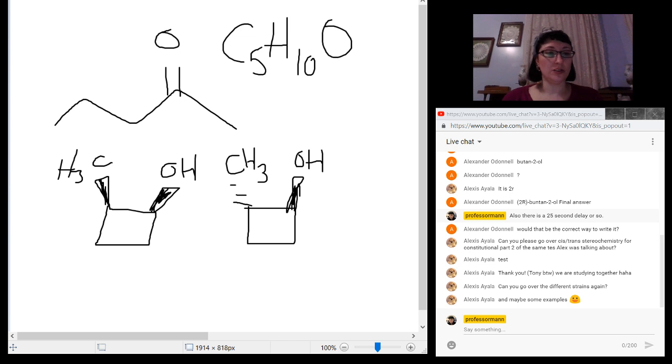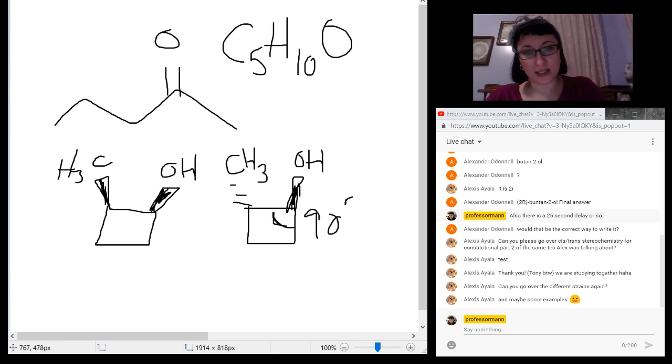But if you have cyclobutane, this bond angle here is about 90 degrees. That's not what it should be, right? It should be 109.5 because it's an sp3 hybridized carbon. So that creates bond strain or angle strain or ring strain.